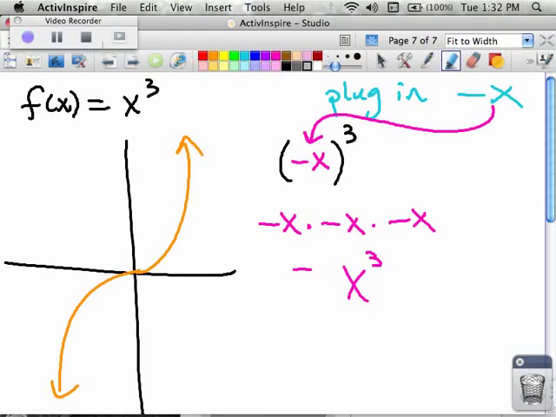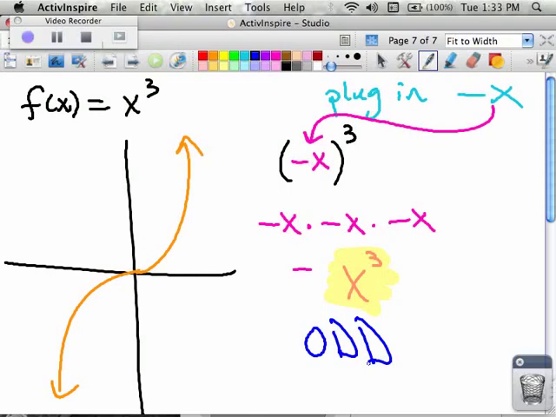And what you should notice is that this was the function that I started with, and since my end result is the exact opposite of what I started with, this is telling me that I have an odd function. Because I started with x cubed, I end up with opposite of x cubed after I plugged in -x.